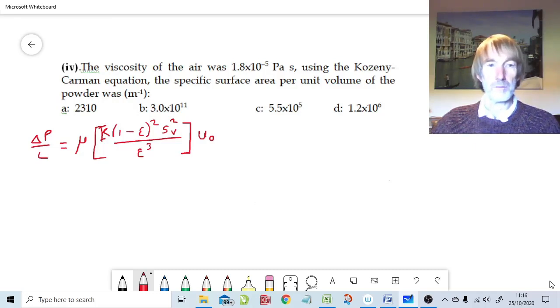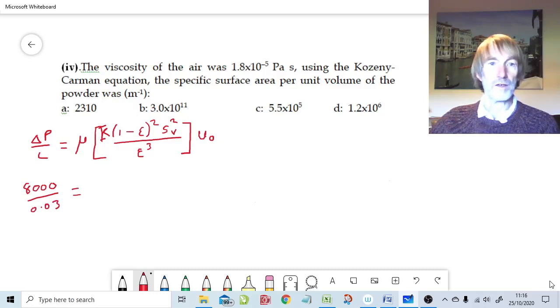Now we need to put some numbers in. We know that the pressure drop was 8,000 pascals. We know that the bed length is 3 centimeters, so that's 0.03 meters.